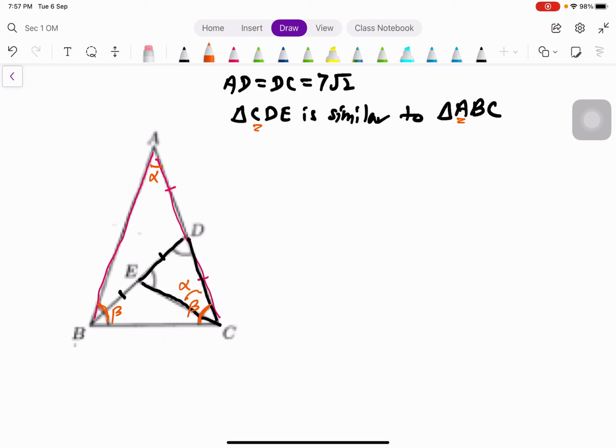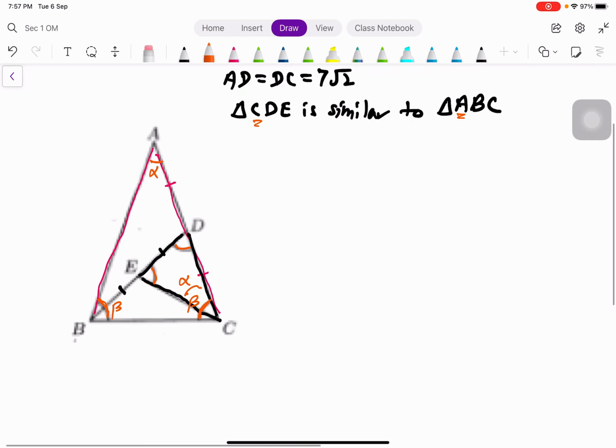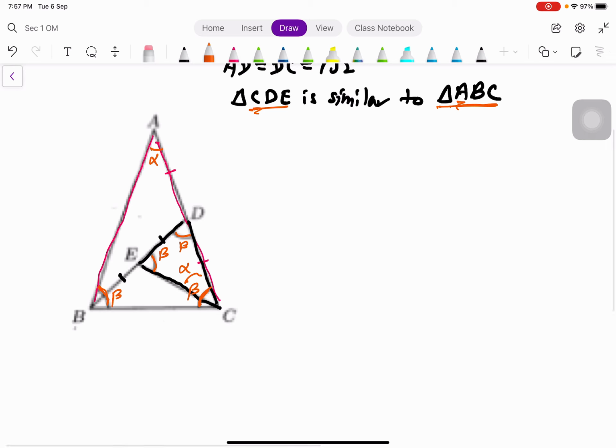This angle is alpha, therefore this angle and this angle must be the same. Because CDE is similar to triangle ABC, this is beta and this is also beta. This is something you should take note of.